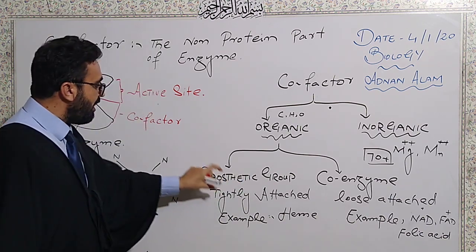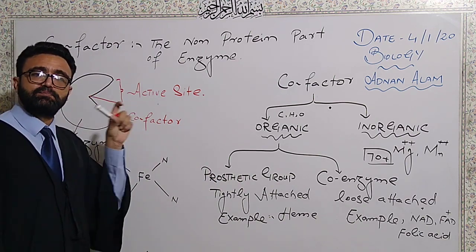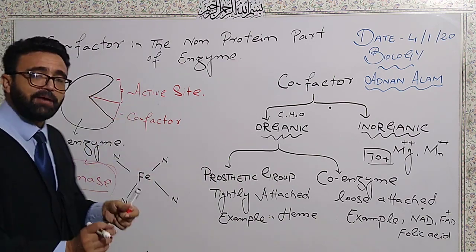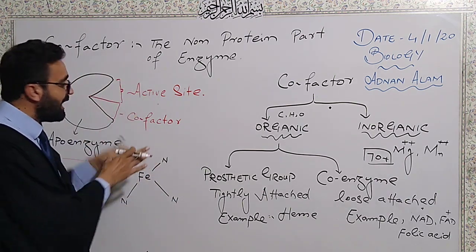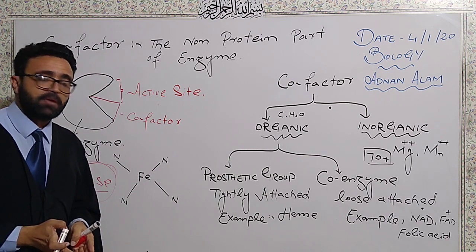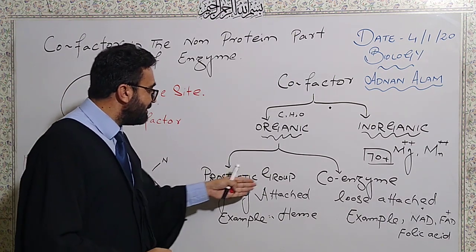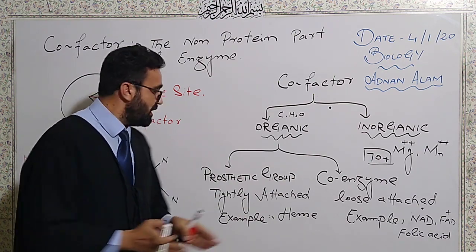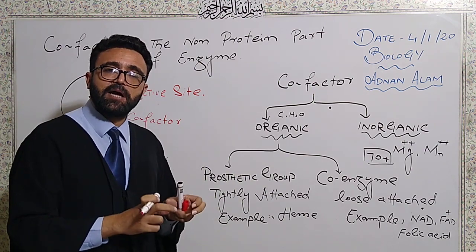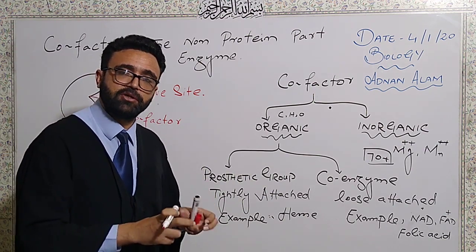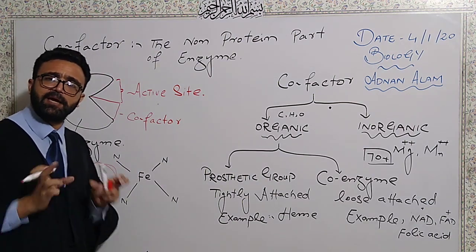If the prosthetic group is covalently bound with the enzyme and with the removal of the prosthetic group the enzyme denatures, this is called tight bonding. So if we remove the prosthetic group from the enzyme, it will definitely be denatured.